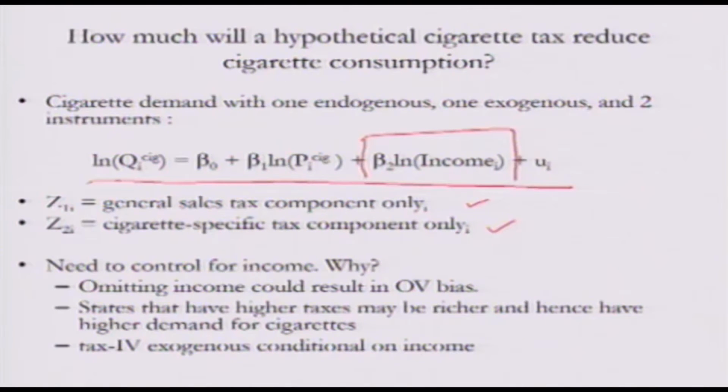Okay. So what we are saying over here is that we are using as instruments the taxes on cigarettes and the general sales taxes on all goods. The logic is that if you increase the taxes, the price of cigarettes would increase and hence it would affect demand for cigarettes.